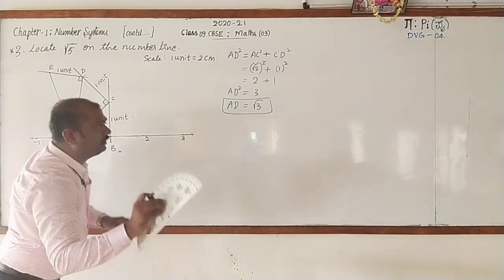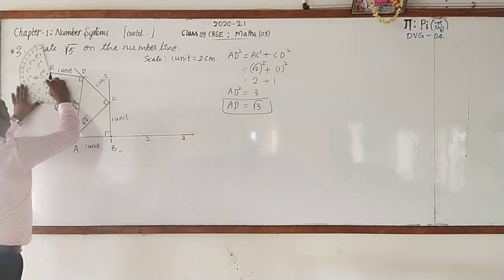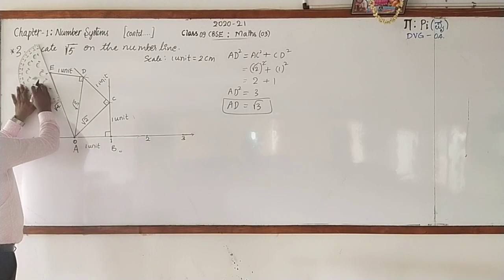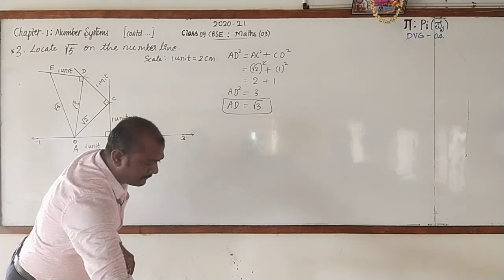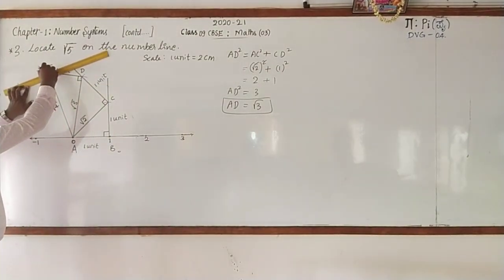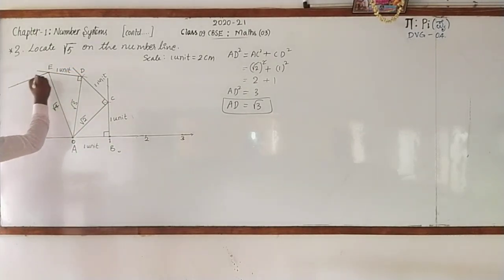We want root 5 at E. Place the protractor point at E and mark 90. Take a scale and draw a perpendicular and mark the perpendicular symbol and call it F.